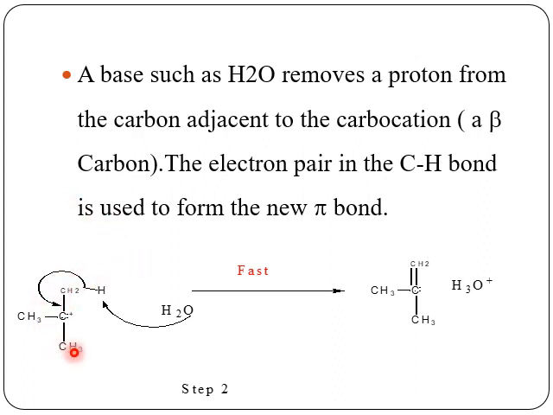In this case, all three carbons adjacent to the carbocation are similar, so you can remove the proton from any one. This proton is removed and the bond migrates here, and we get a double bond between the alpha carbon and the beta carbon. A pi bond is formed.